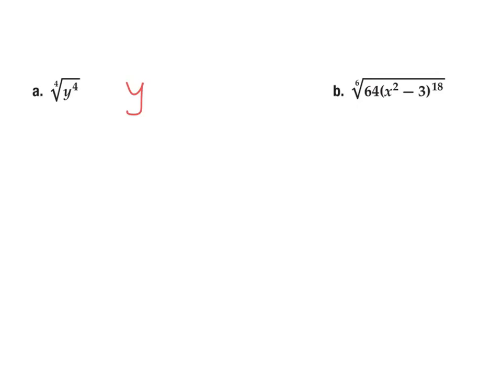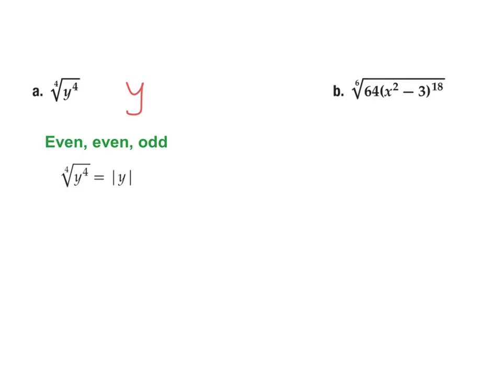And I can't take a square root or a 4th root or 6th root or 8th root and produce a negative number. So in this case, I do have an even, even, odd situation. Even index, even power inside, and then the outside power is odd. So because of that, my answer is actually the absolute value of y.